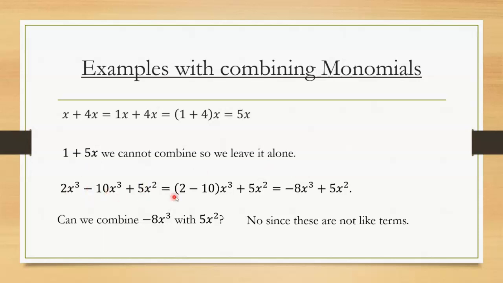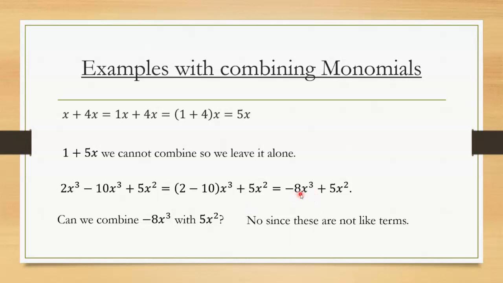What about this one? Well, this is fun. Here we have 2x cubed and 10x cubed. Now these are like terms. The difference? Well, we just subtract the coefficients since they're like terms. Doing so, we get minus 8x cubed.